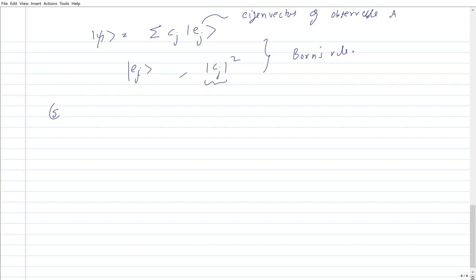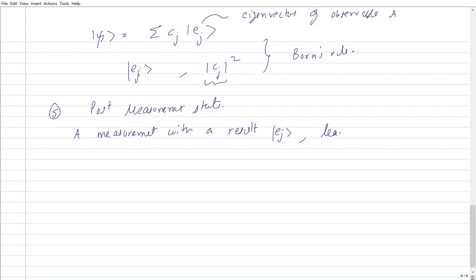What about the post-measurement state? Well, a measurement with the result Ej leaves the system in Ej. That's what I mean when I say the state has collapsed.